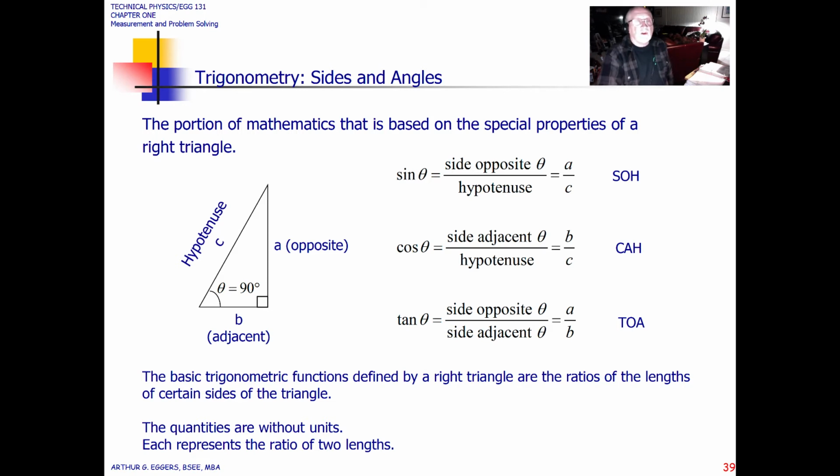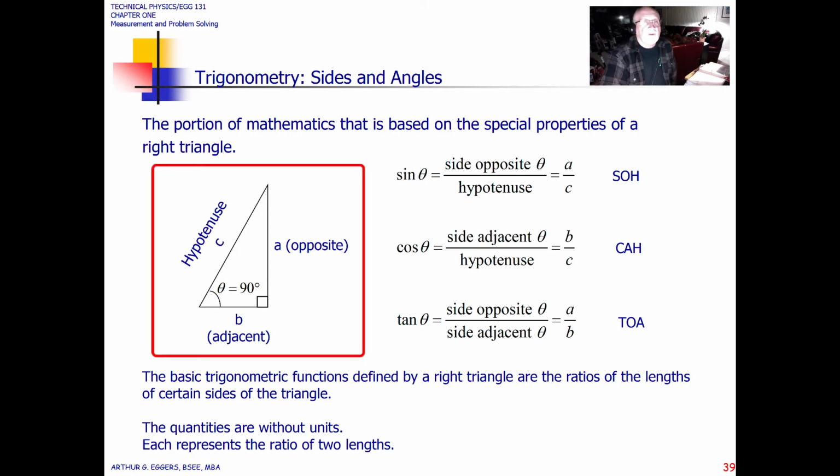Another area that you'll become familiar with as we do vectors is the trigonometric functions of a right triangle. In understanding sides and angles, the first thing we need to look at with a right triangle is that a right triangle has one angle that is 90 degrees. And the 3 sides that make up that triangle are the side opposite, a, the side adjacent, b, and the hypotenuse.